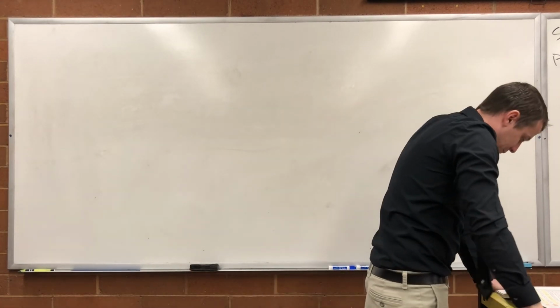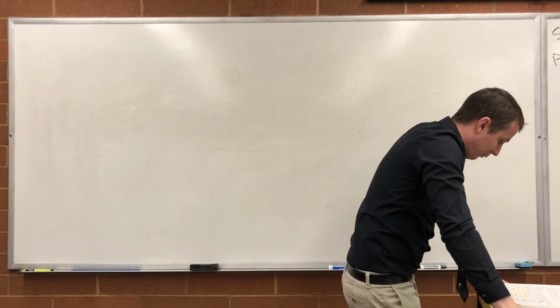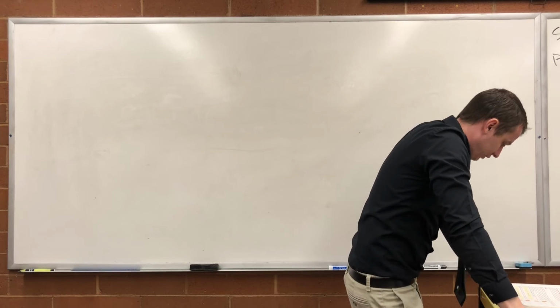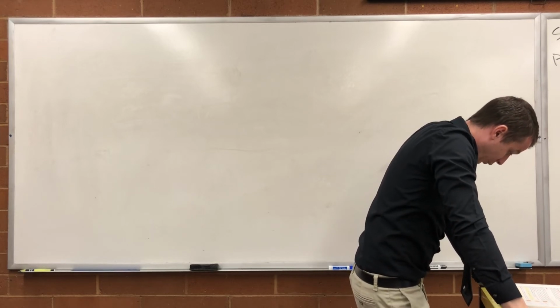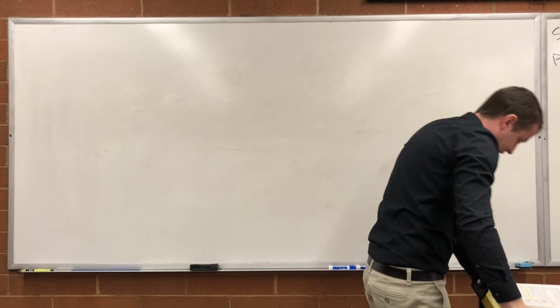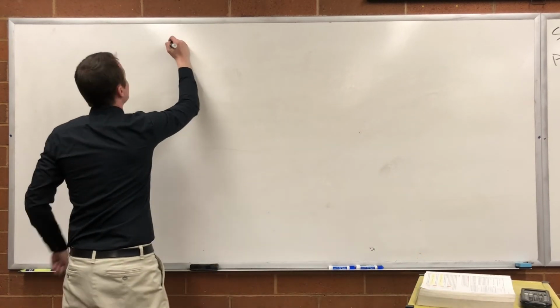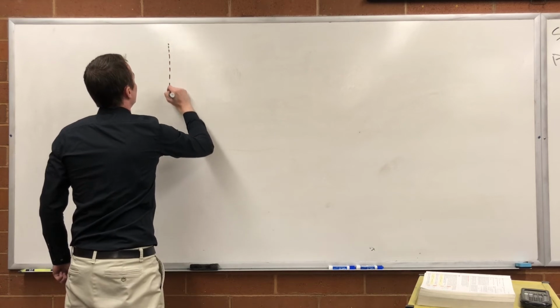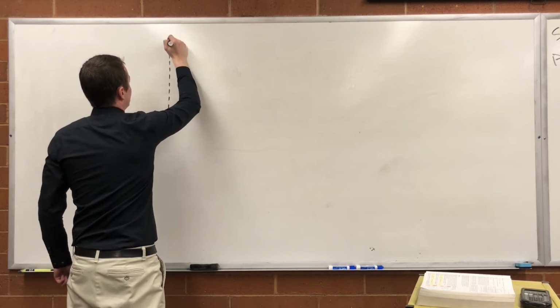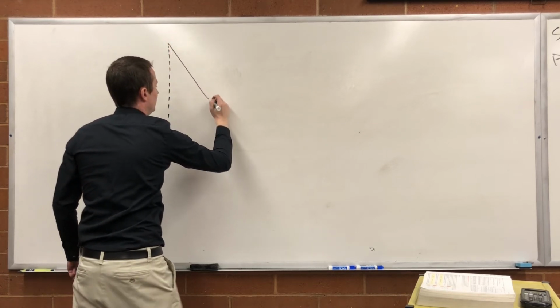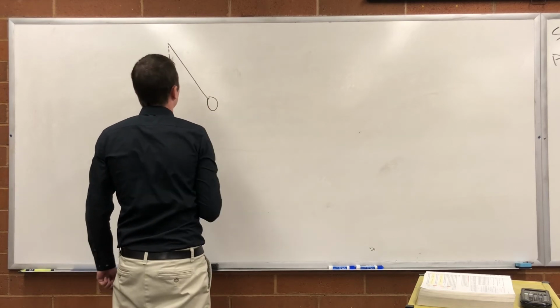Okay, at a family picnic, you are appointed to push your obnoxious cousin in a swing. His weight is W, and the length of the chain is R. So here's where he is at rest. You pushed him some. Here he is on the swing.